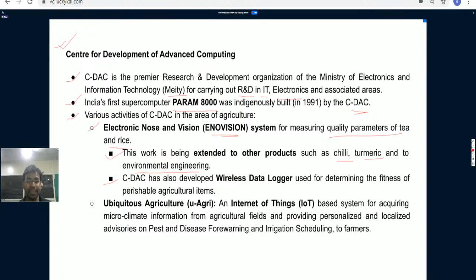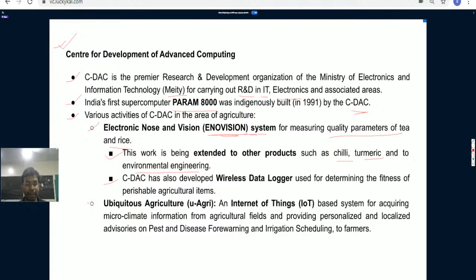CDAC has also developed a wireless data logger used for determining the fitness of perishable agricultural items. So the ENOVision system has been developed by CDAC. It is important, and Param 8000 was indigenously built by CDAC in 1991.